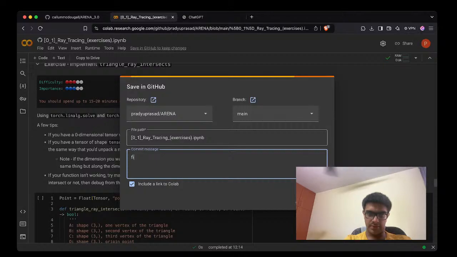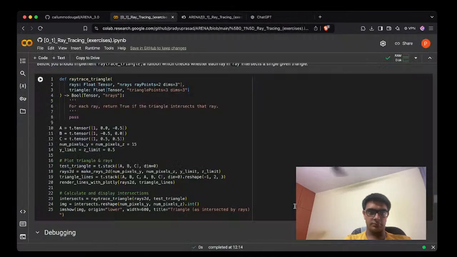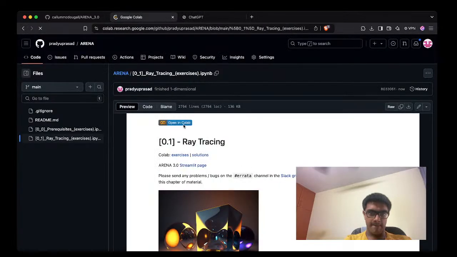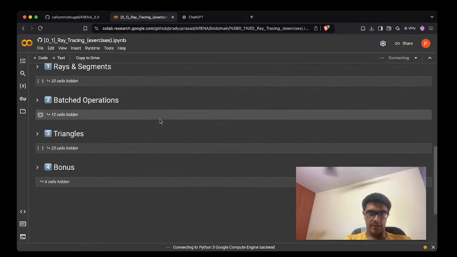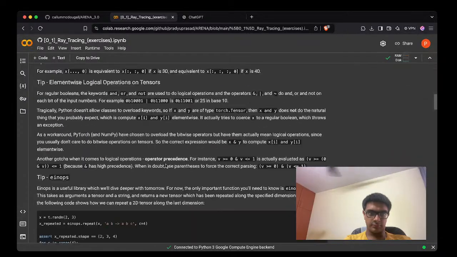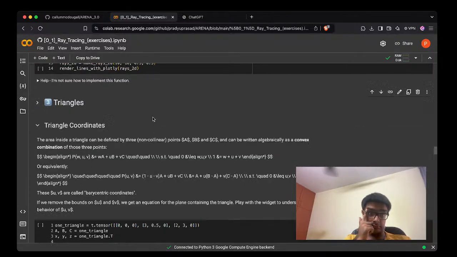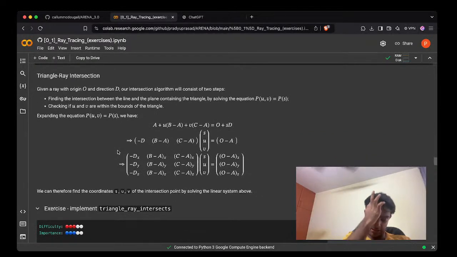No, we want to do finished one-dimensional. Now we can bag it back to it. After that we get triangles, right? This is super cool.